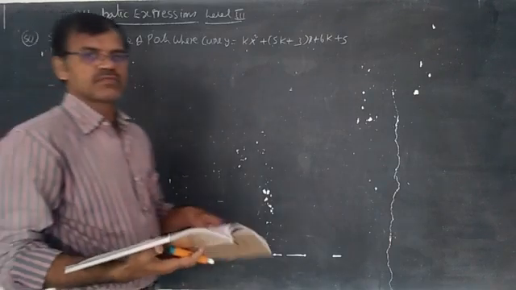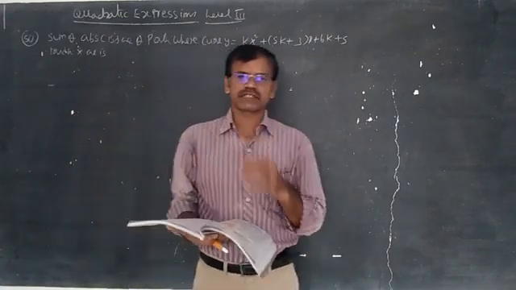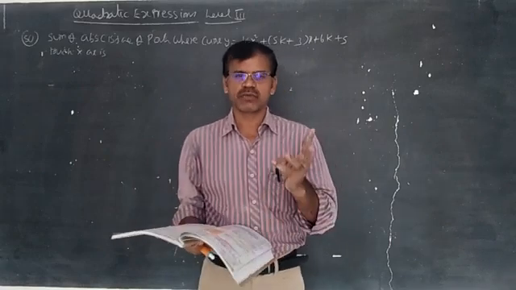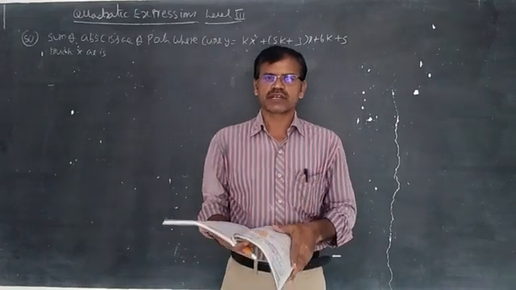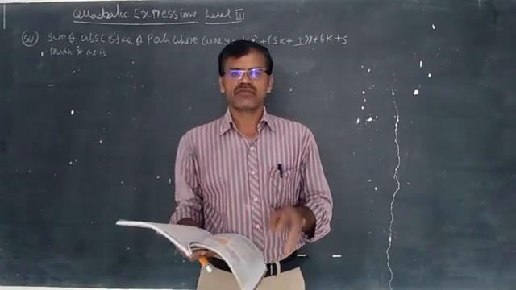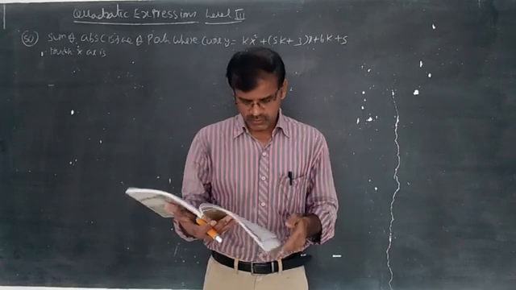He is asking the sum of abscissas. That means the sum of x coordinates x1, x2, x3, x4 like that: x1 plus x2 plus x3 plus x4. If you are getting 2 values, the sum of x1 and x2. If you are getting 4 values, the sum of x1, x2, x3, x4.